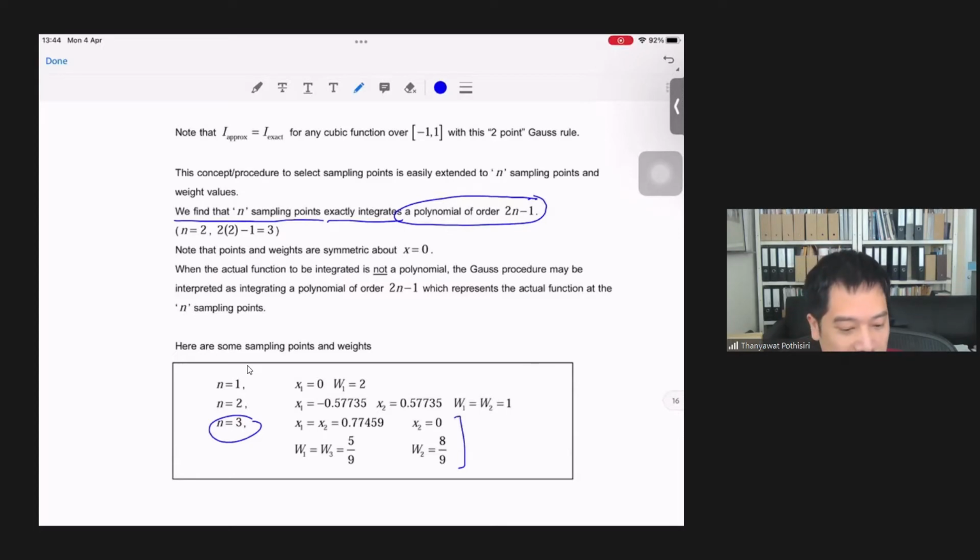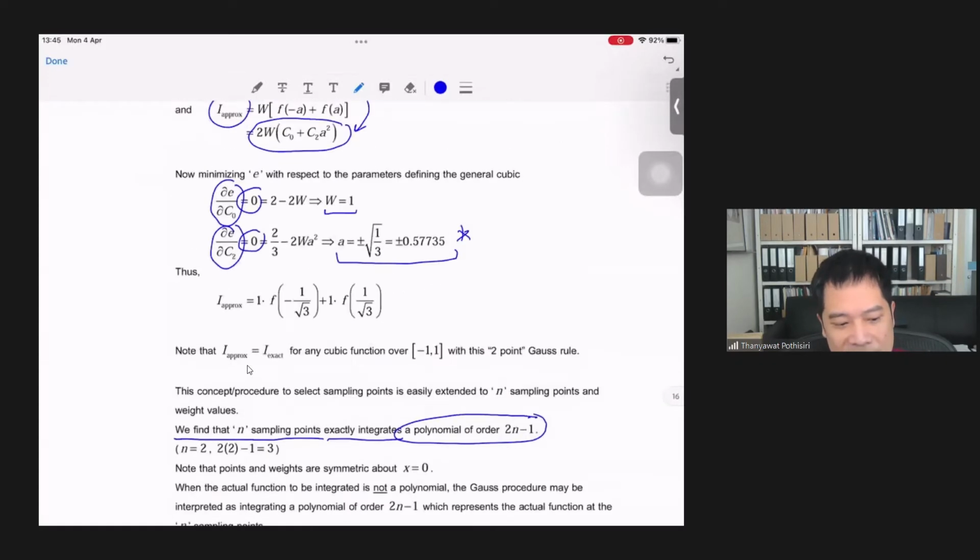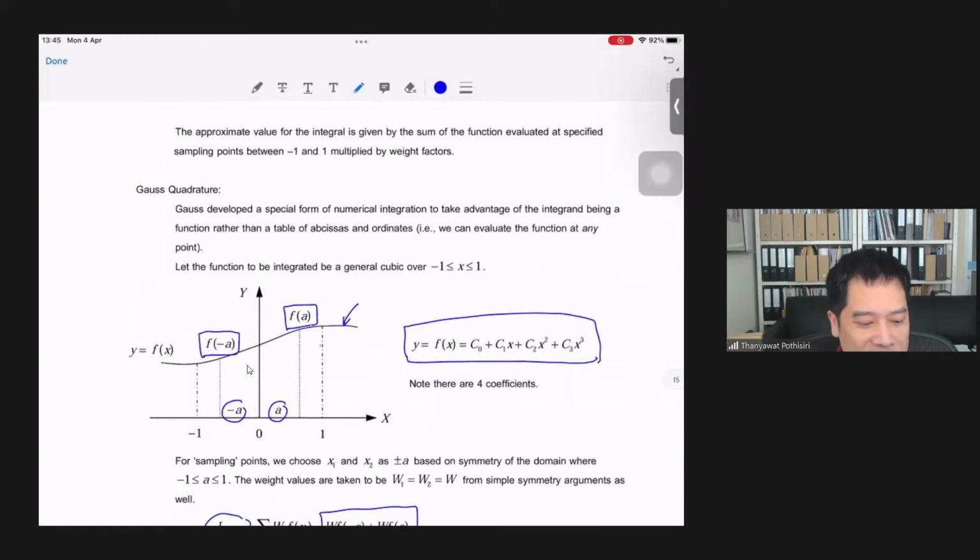Okay. So again, for 3 sampling points, we have 3 different locations, right? 1, 2, and 3 right here.